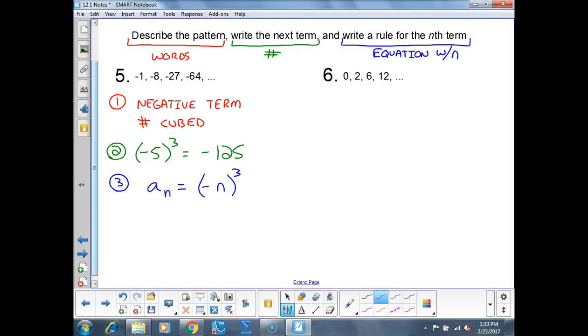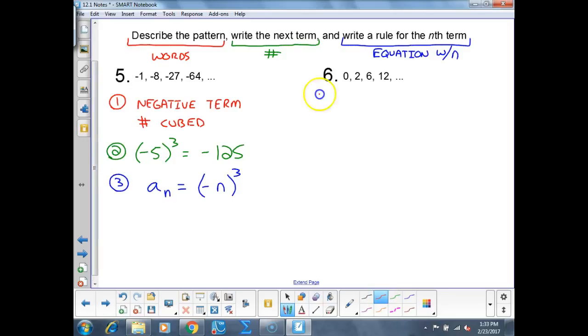Term plus 2? I remember doing this last year because there's a certain way to do this one. Okay.